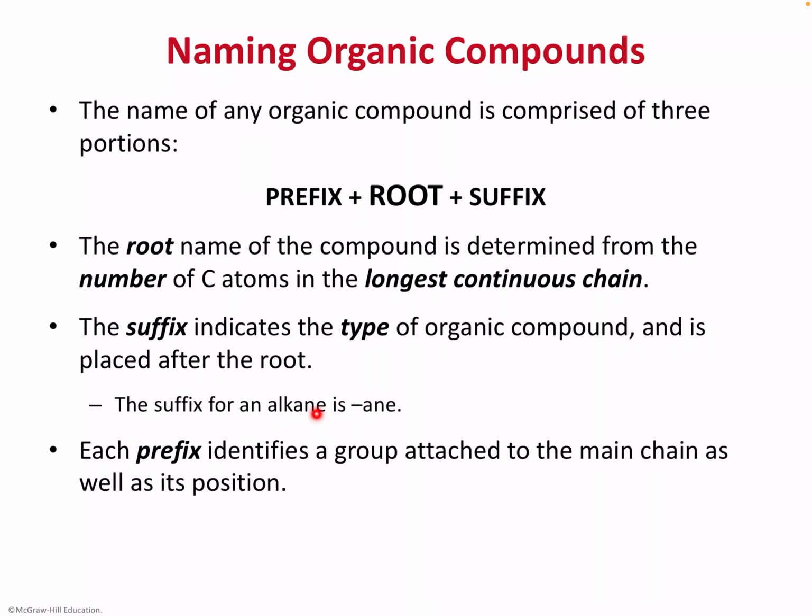Alkane will end like "-ane". Okay, that's a suffix. Each prefix identifies a group attached to the main chain as well as its position. So these prefixes tell us if there are any other groups attached to the main carbon chain.